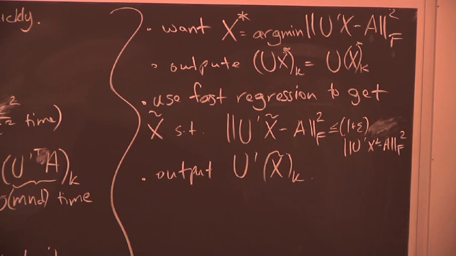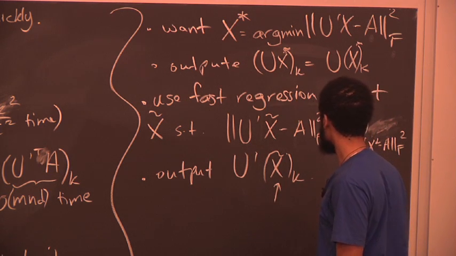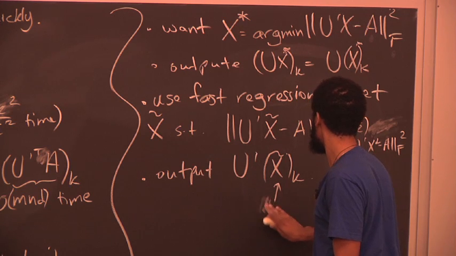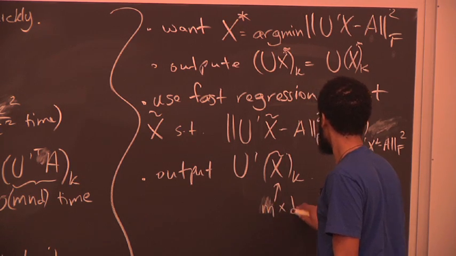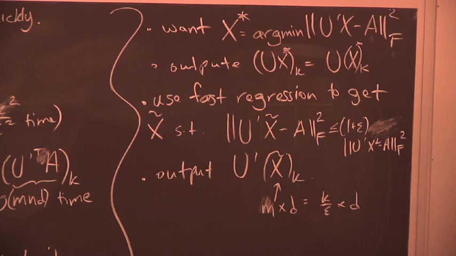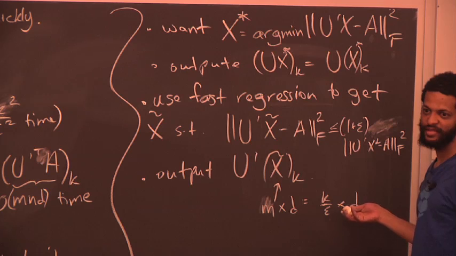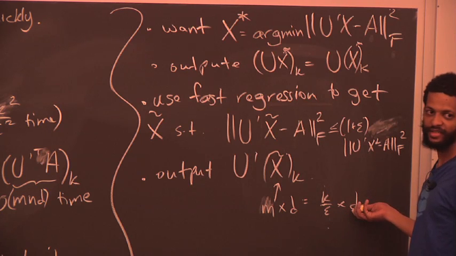And what are the dimensions of x tilde? Well, x tilde is m by d, which is k over epsilon by d. And I need to compute its SVD. So I can compute its SVD in time which is like k squared over epsilon squared times d.